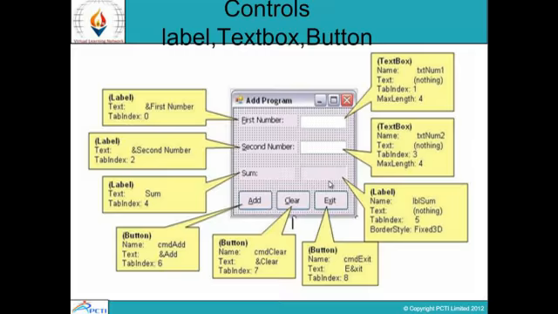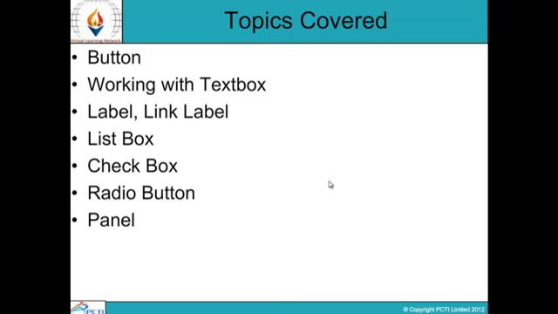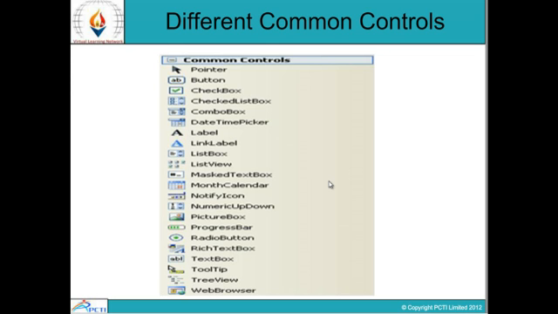In today's session we have covered lots of web controls. The toolbox, which is the key feature of VB.NET, provides different categories of tools classified in terms of windows forms, containers, common controls, menus and toolbars, data components, printing and dialog box.